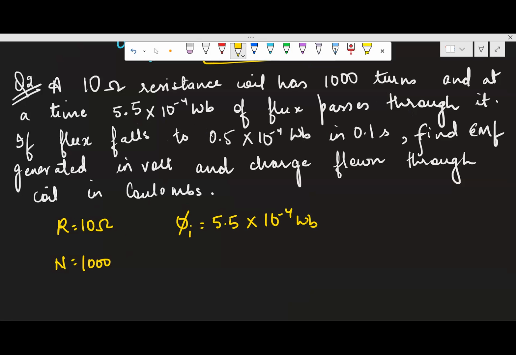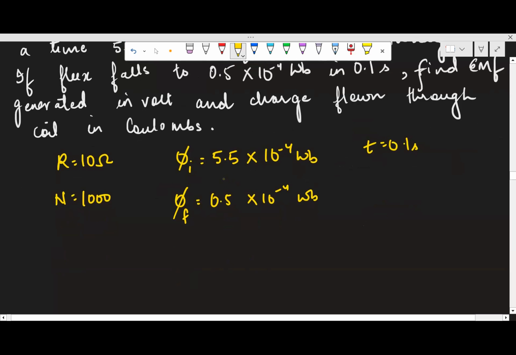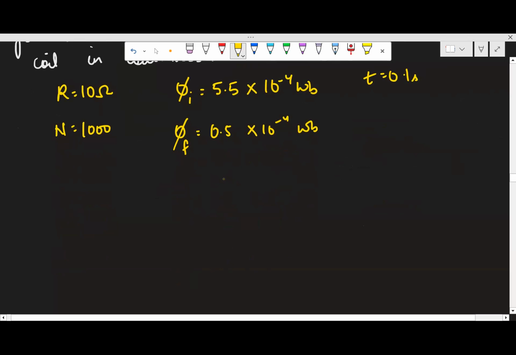It then says the flux falls to, means now the final flux, 0.5 into 10 to the power minus 4 Webers, and the time for this process is 0.1 seconds. You have to find out the EMF and the charge. EMF in volt and charge in coulomb, basically in the SI unit.